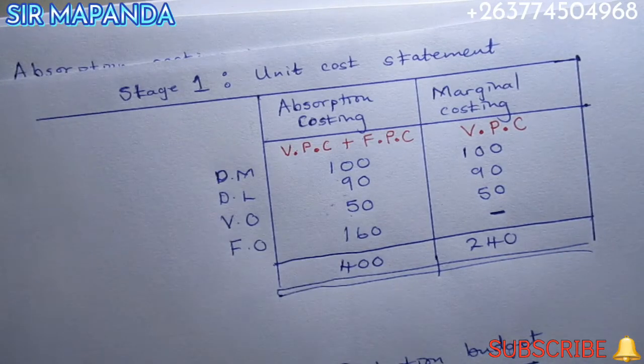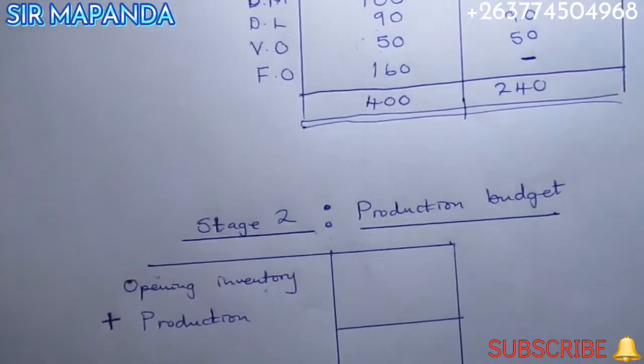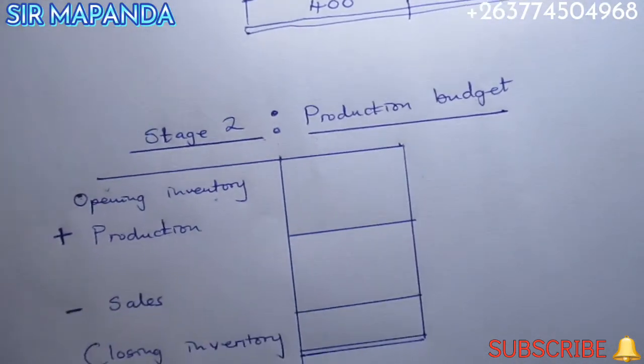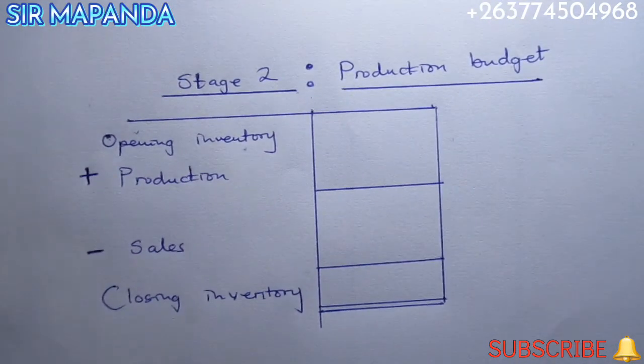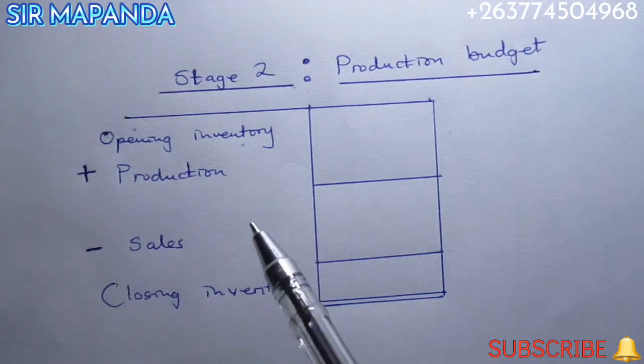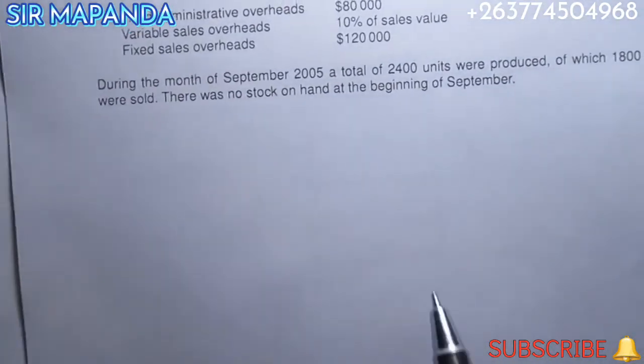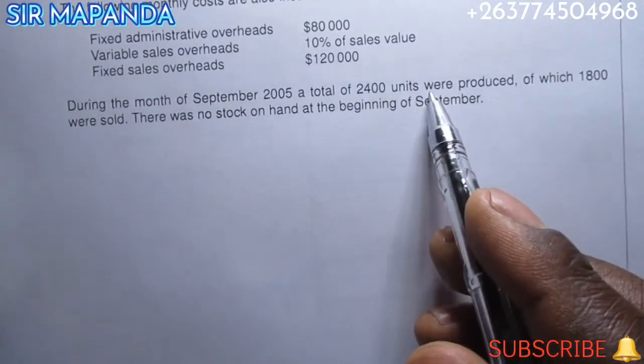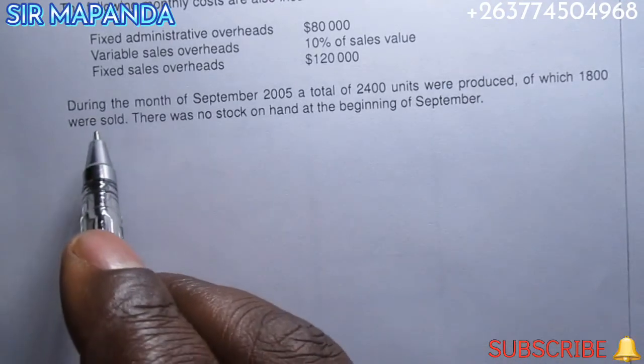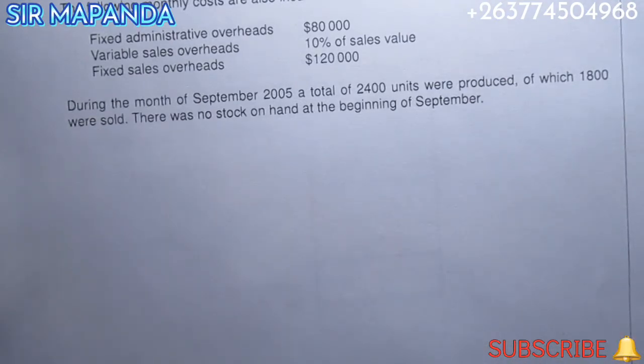Right. So after the preparation of the unit cost statement, you need to prepare a quantity statement or a production budget. What happens is, under these questions, there is a missing figure, which can be units produced or closing inventory. So whenever this question comes, like in this question, we are given 2,400 units produced, 1,800 sold, but nothing was mentioned about closing inventory.